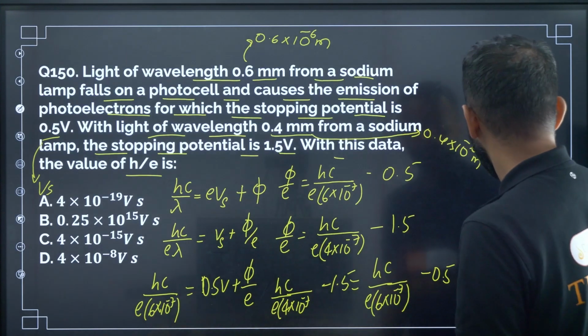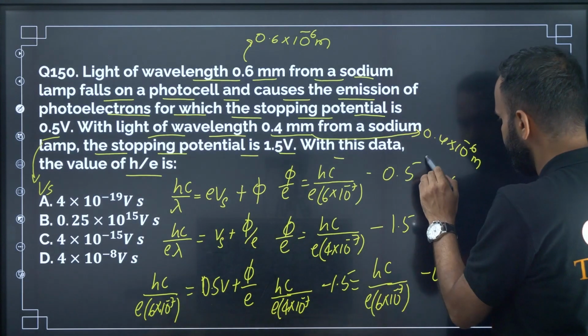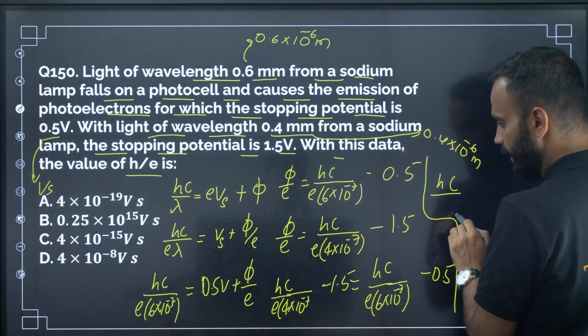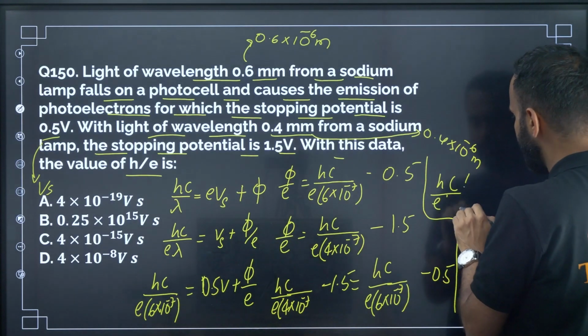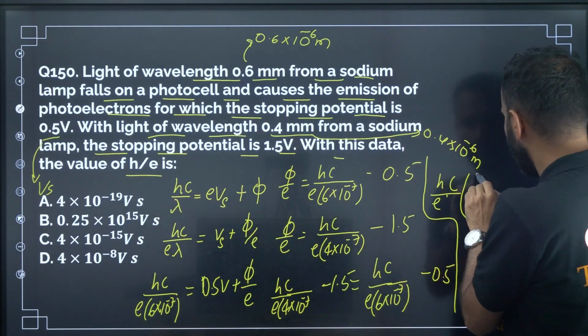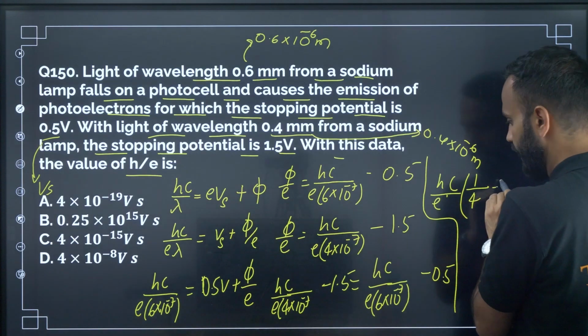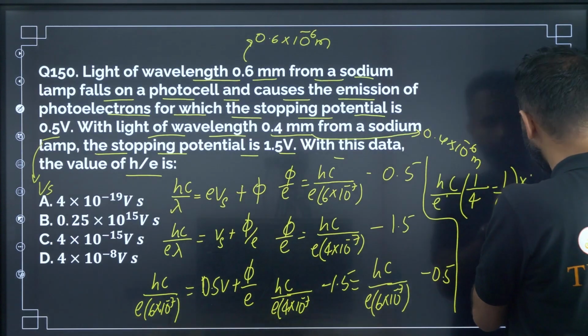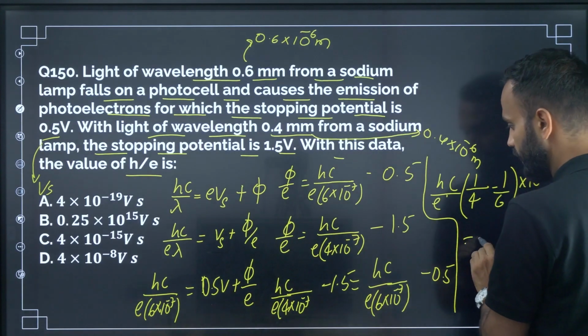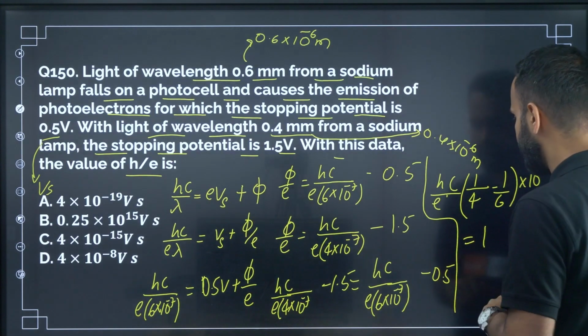So now hc divided by e into (1 by 4 minus 1 by 6) into 10 to the power 7 is equal to 1.